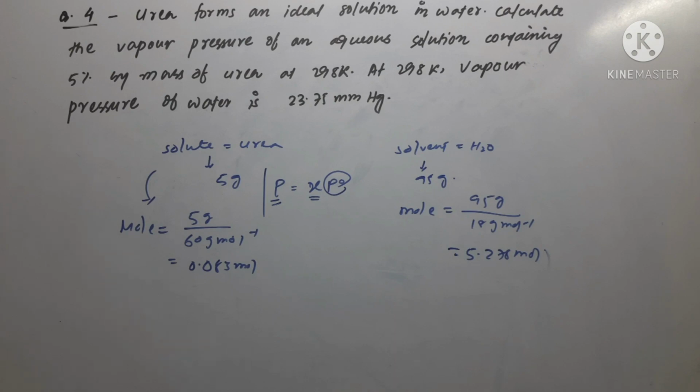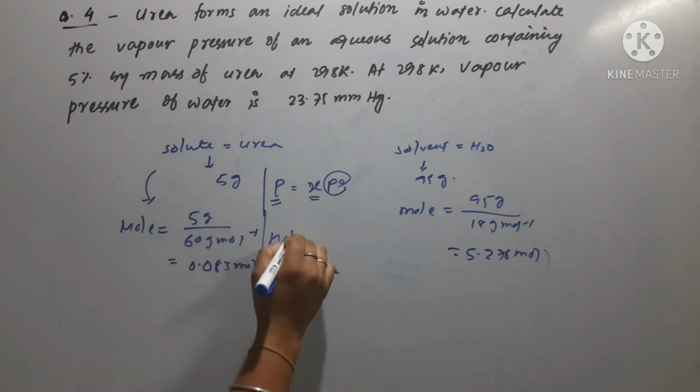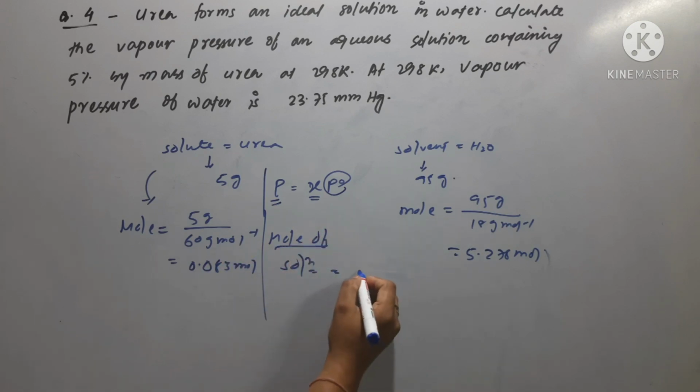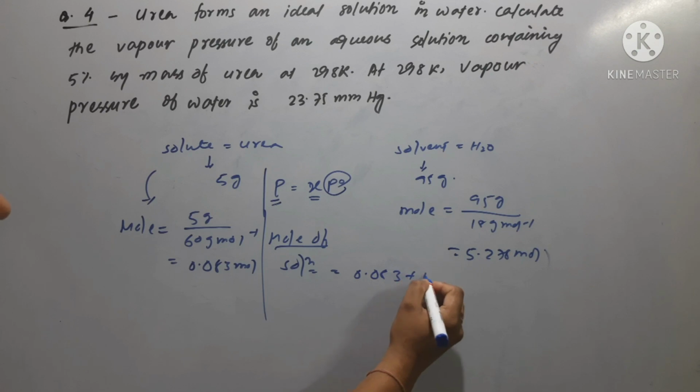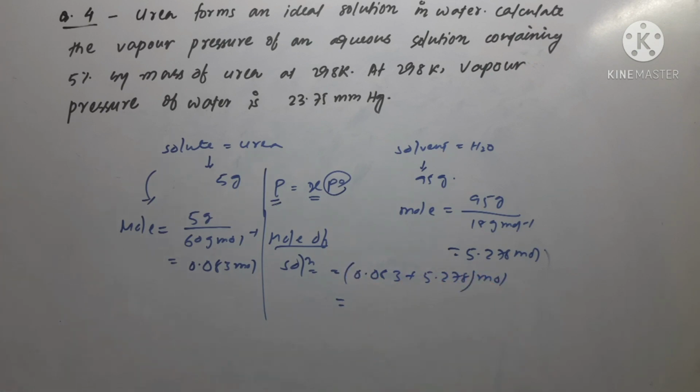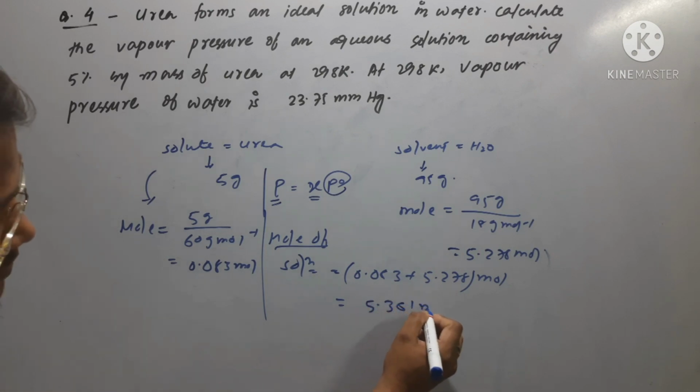Again we need the total moles of the solution, which will be the sum of these two, 0.083 plus 5.278 mole. It comes out as 5.361 mole.